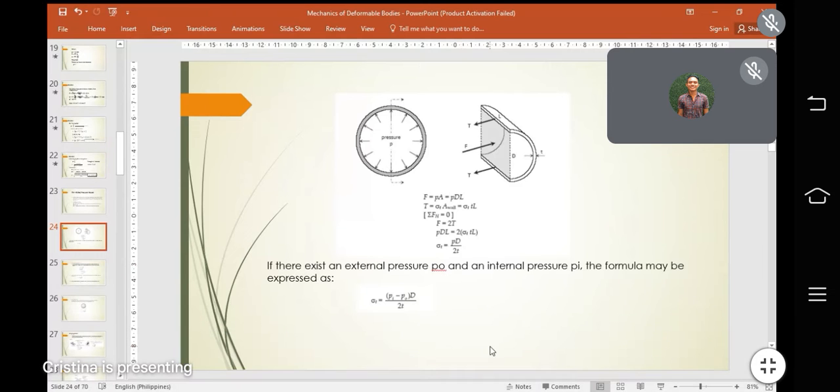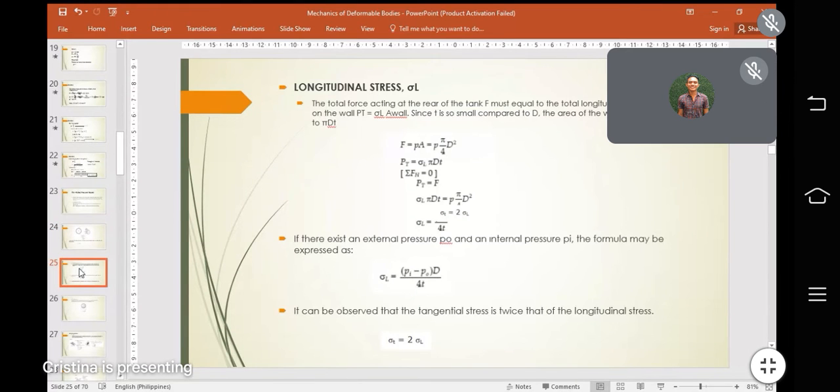That's for tangential stress. Okay? Okay, next. So next is the longitudinal stress.